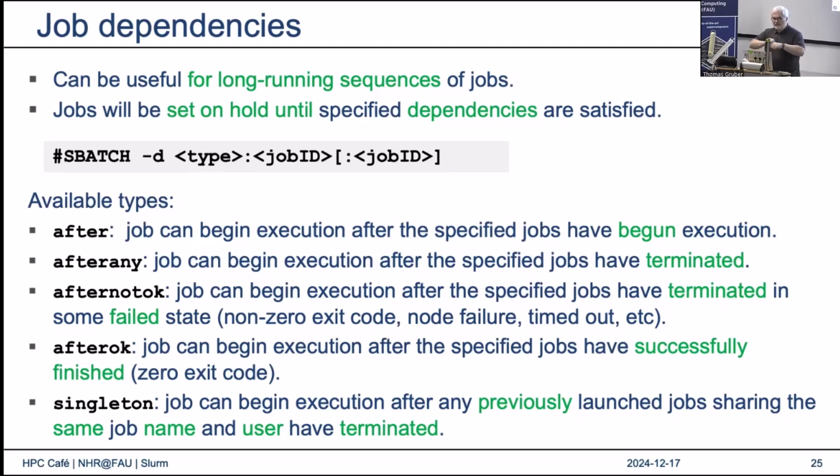So you submit a large number of jobs, same job name, same user. They all do different things, different lengths, different runtimes. You don't care. They can all run concurrently or one after another. But once the last one of this big bag of jobs has ended, your job will start. And then you can, for example, do a cleanup, fuse files together, or send an email saying I'm finished. It's nice, I think.